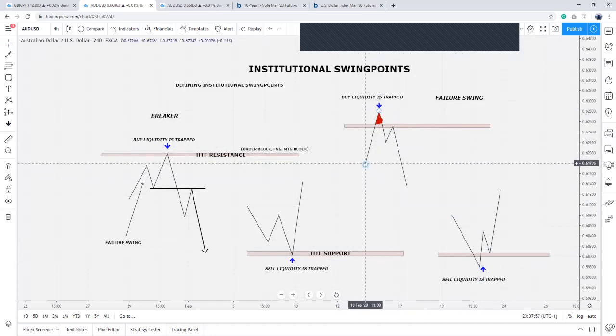Okay, so now the typical characteristic of the failure swing is price is going to blow past that level. So it's going to look like price is breaking out of that resistance level. So it's going to look like a breakout pattern, but then price breaks out of that level, but quickly pulls down below that level. Okay, once you see that, that becomes a possible failure swing.